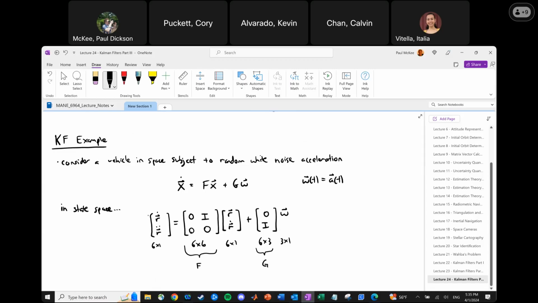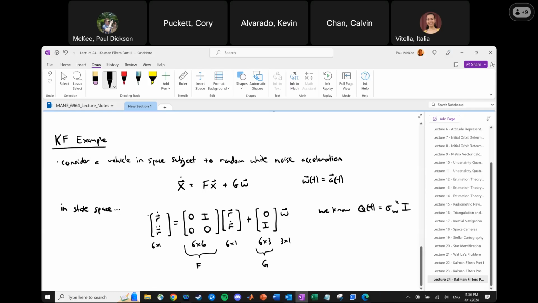Now, what else? We know, and I'll add a few things here, that Q of t, which is the process noise covariance matrix, is going to be some standard deviation squared times the identity matrix, which is to say the acceleration is just completely random in every direction, and it's random in the same amount in every direction.